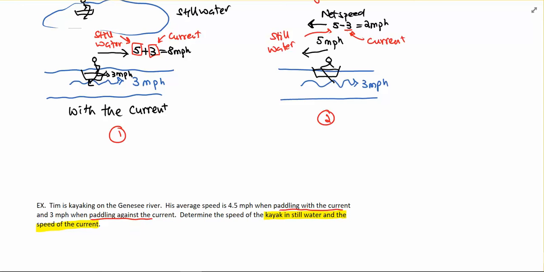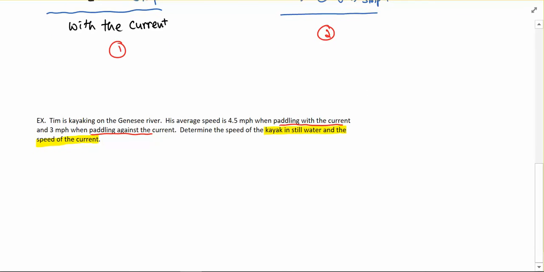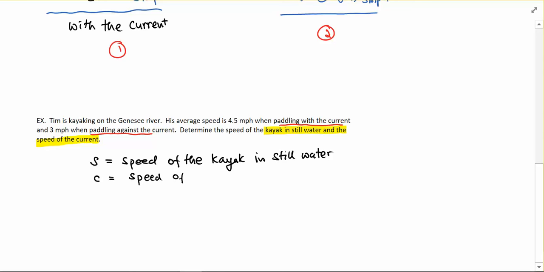Just as before, let's start with what we have to find. Let S be the speed of the kayak in still water, and let C be the speed of the current.